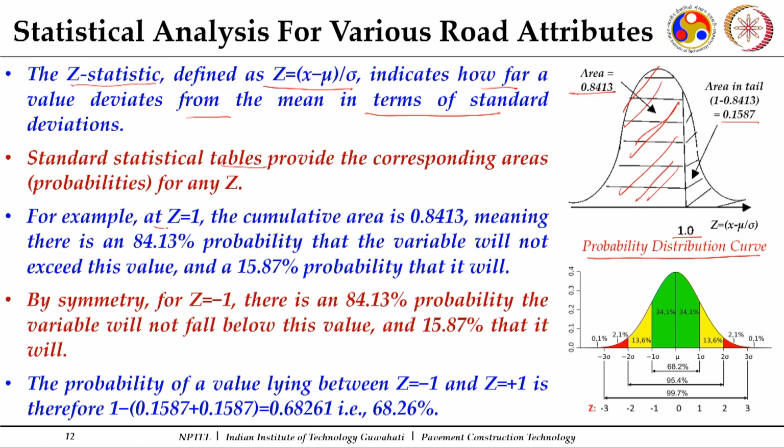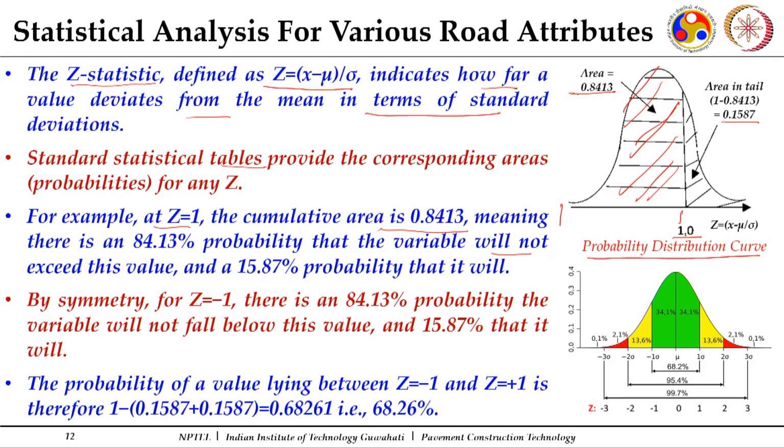So, at Z equals 1, the cumulative area is 0.8413 up to this point, meaning there is an 84.13% probability that the variable will not exceed this value.